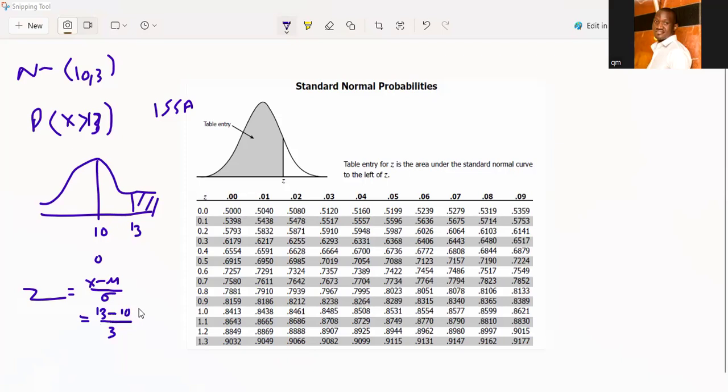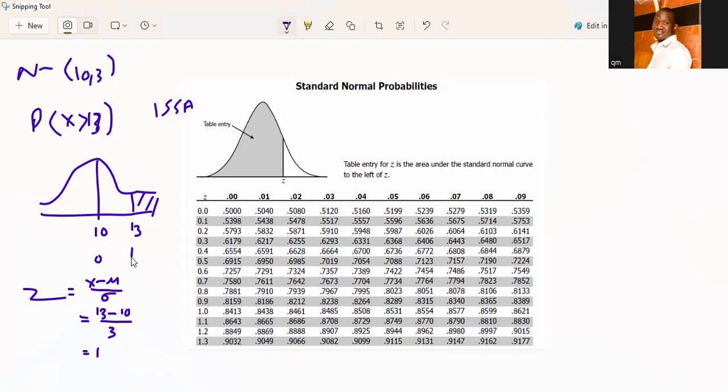Okay, so 13 minus 10 over 3, which is 3 over 3, which is 1. So meaning the standard value of 13 is 1.